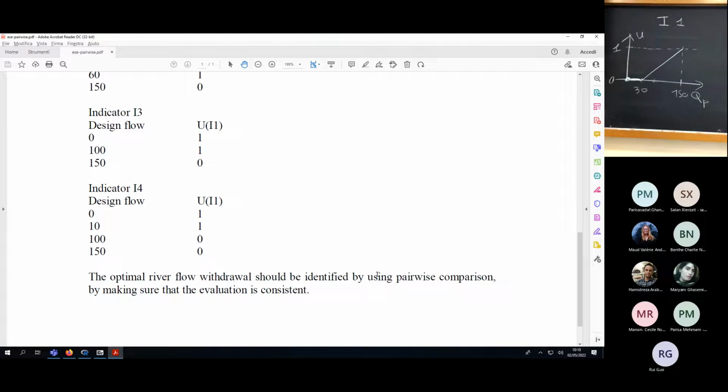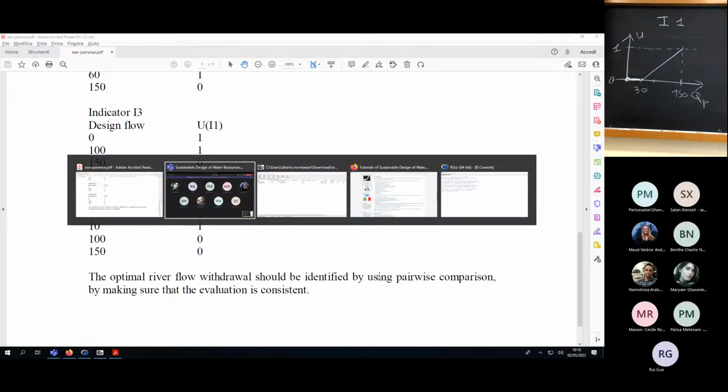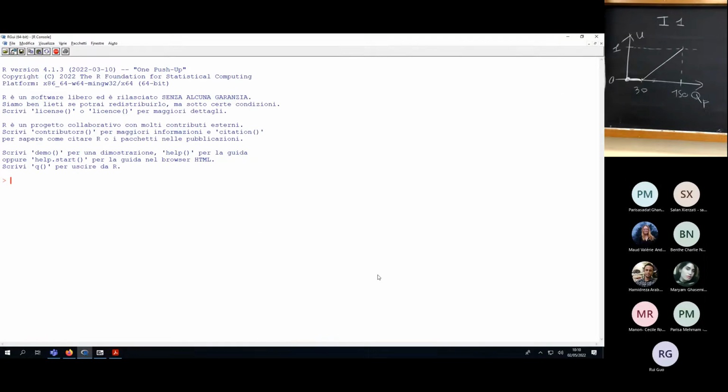Okay, now, first, let's move to R, which is our tool. I opened an R console. You know that I can't open RStudio here, okay? And therefore, I'm working on the console. I suggest that you keep working on RStudio, and then you have the console in RStudio, so you can just write what I am writing there, okay?